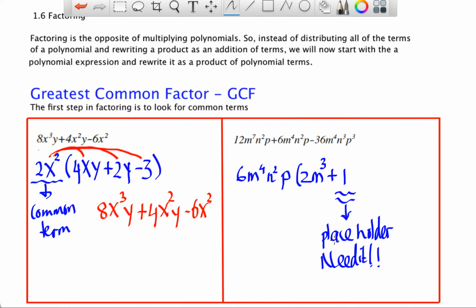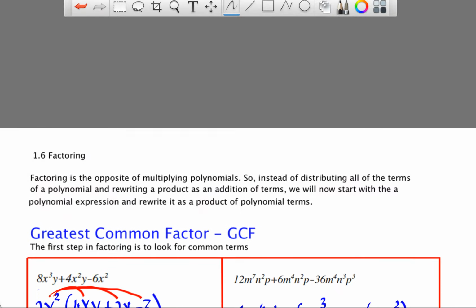If you don't include it, you would have a wrong answer. And then 36 divided by 6 is 6. m to the 4th, good, n cubed, I only took 2 out, so I need 1 more, and p cubed versus p, so I need another p squared. So there you go. Those are factored expressions of the polynomial expression that we started with.